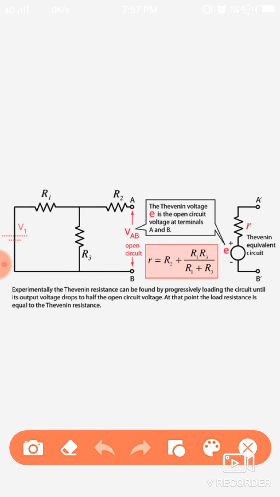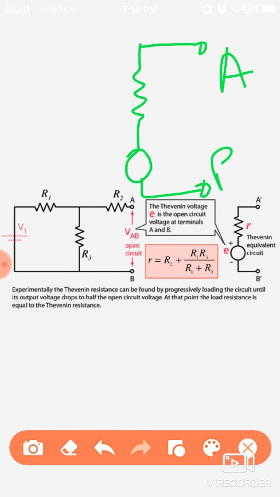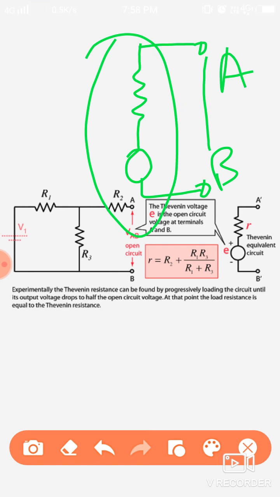Then here will be our resultant resistance, and this is also our power supply, and this is our terminal A and terminal B. Then it is equivalent, with the same value of current or voltage across the points A and B as it had earlier.